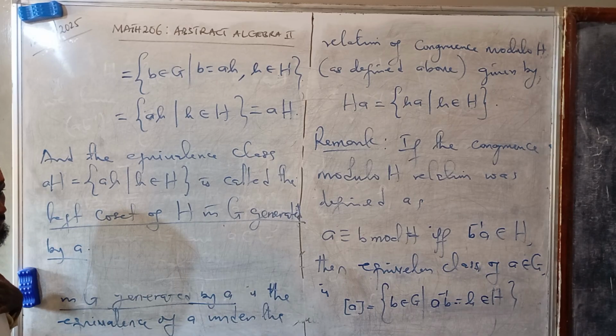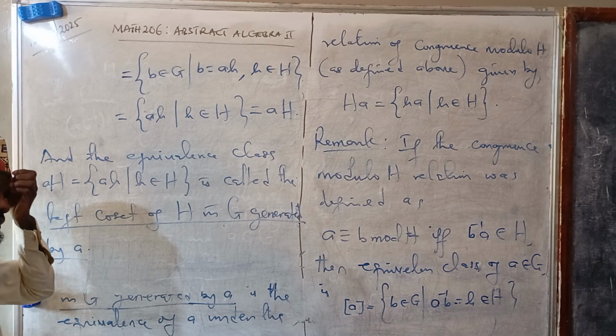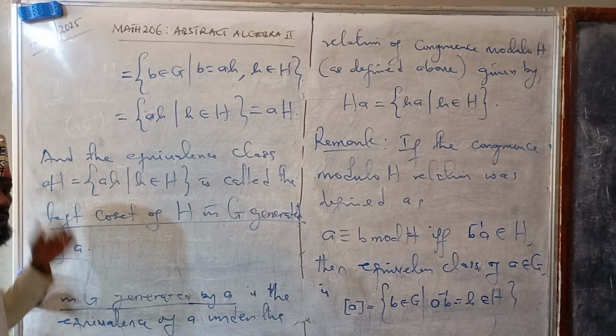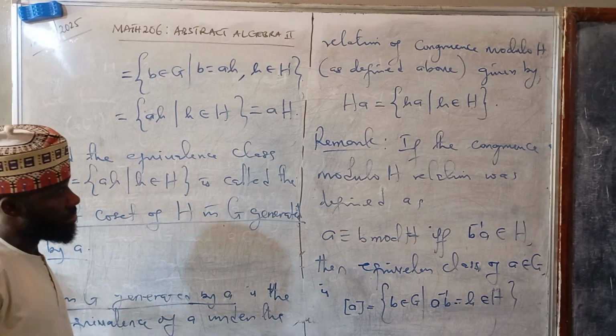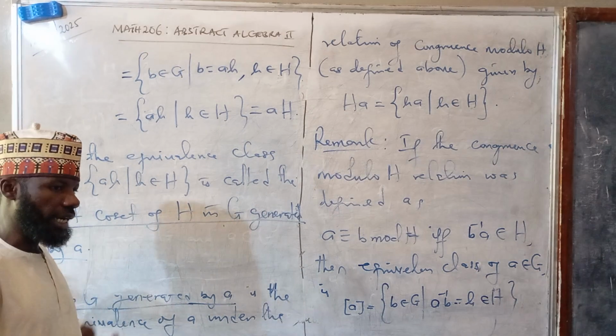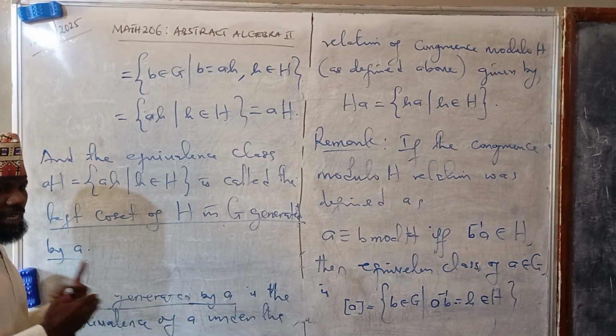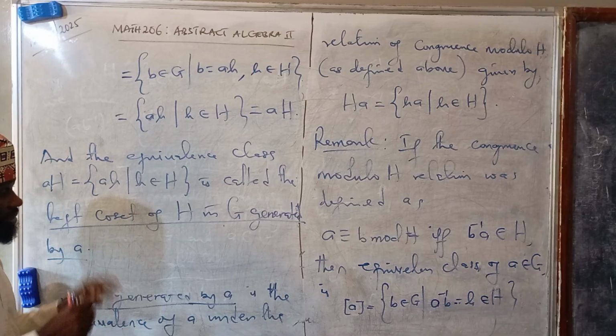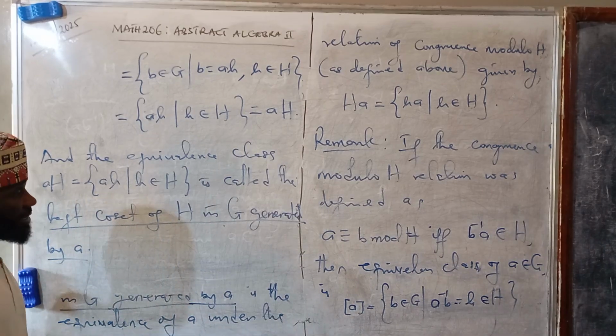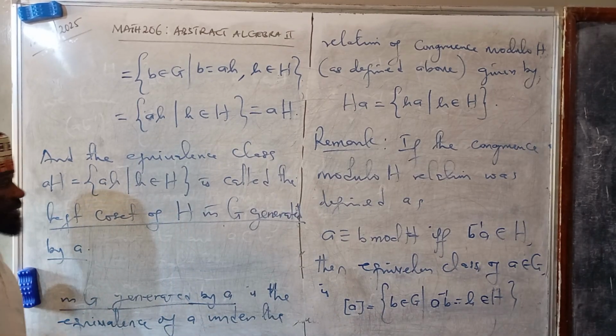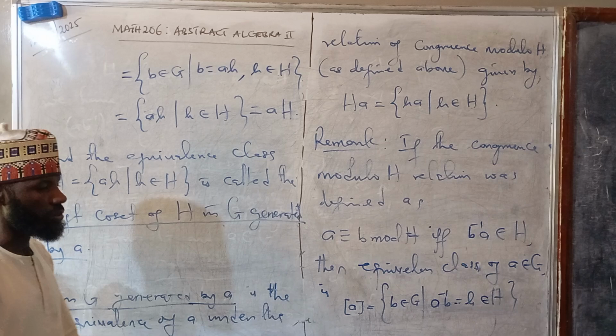So it is not always true that the left coset is equal to the right coset. We are coming to studying a class of subgroup where the left and the right coset are always the same, generated by a particular element. Such a class of subgroup is called a normal subgroup.